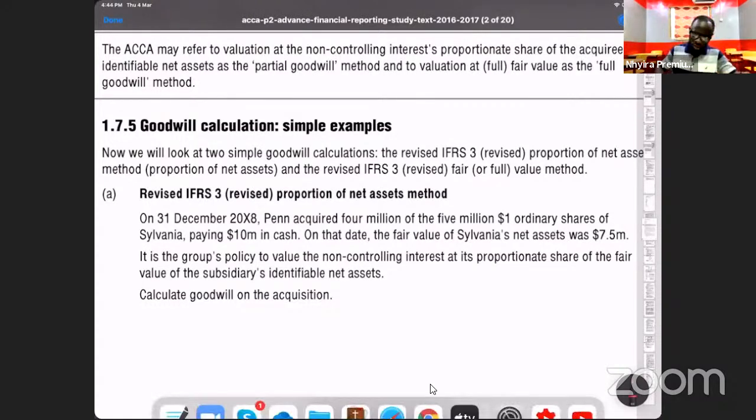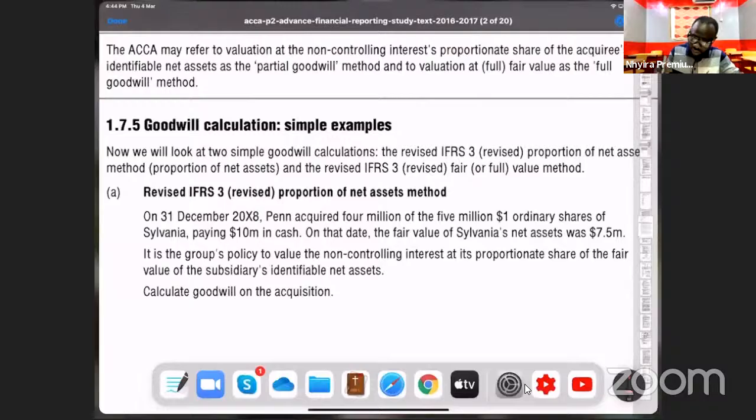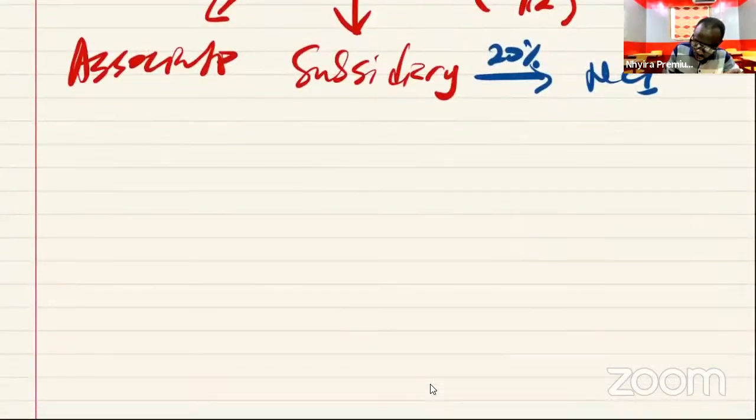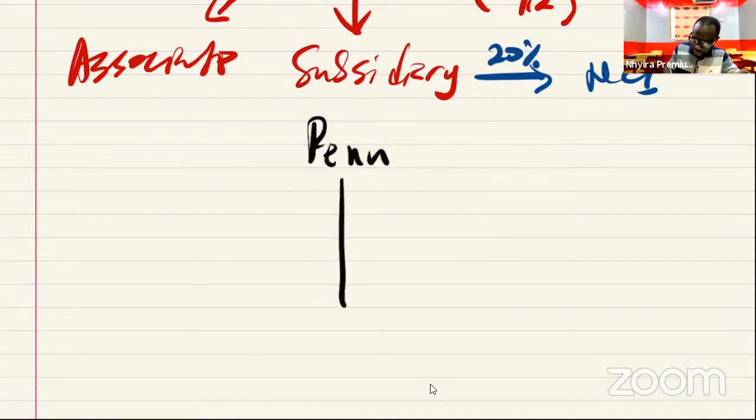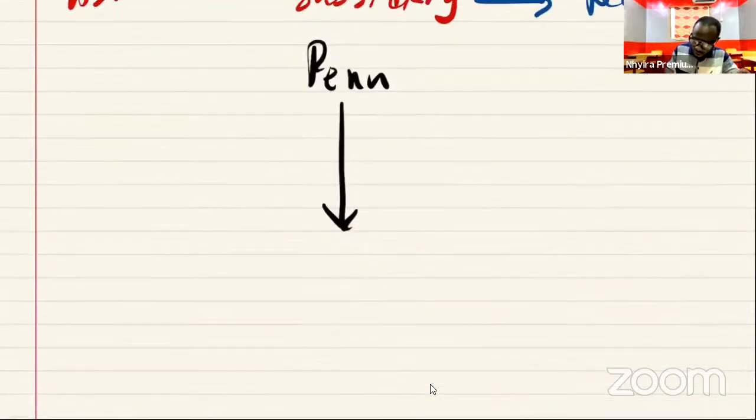Penn, so Penn becomes the parent company. Let's use another ink, probably black. We bring in Penn, and they are having shares in Sylvania.